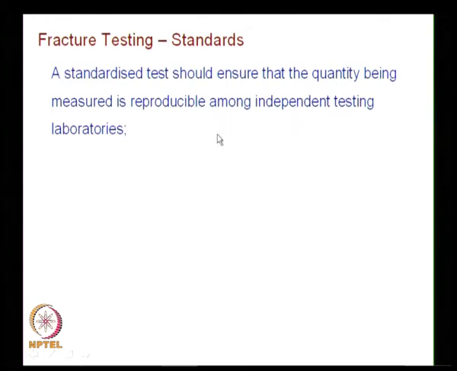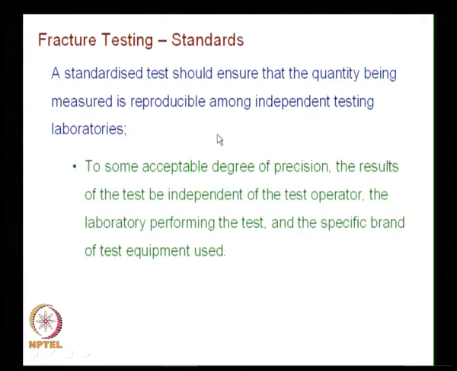This is very important. You could have many parameters to some acceptable degree of precision. The results of the test should be independent of the test operator, the laboratory performing the test, and the specific brand of test equipment used.